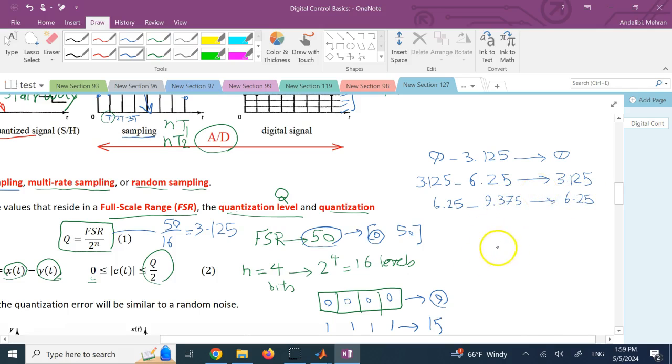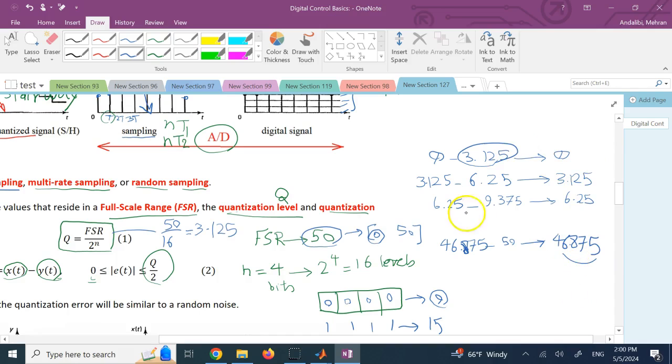So all the way you come to some number here to 50, and that number should be 46.875. Let's say that number corresponds to 46.875. Or if you start on the right hand side, then you can say the first one is 3.125, so this last one corresponds to 50.